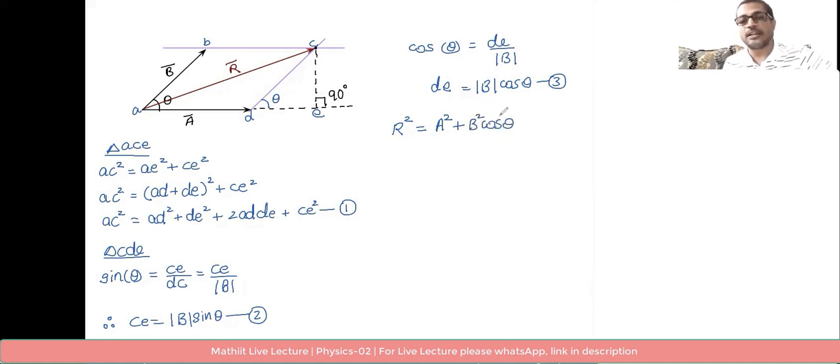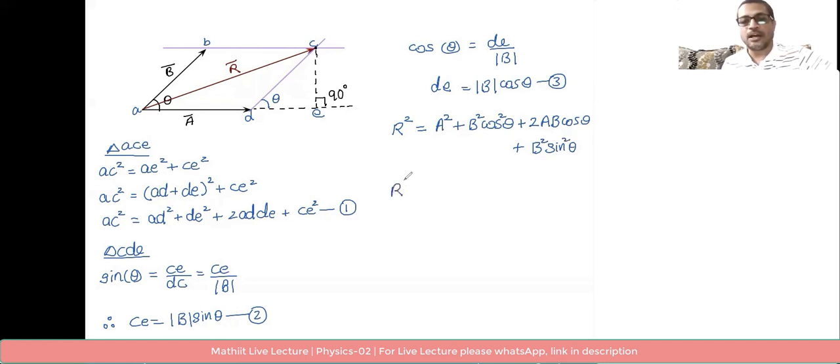So when you're squaring it, B square cos square theta. Then what else is left after that? 2 times AD, that is A, and then DE, that is B cos theta, plus the last term is CE square, that is B sine theta. But since it is a square, we'll put a square.